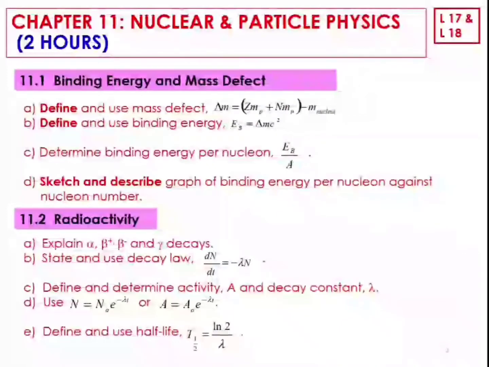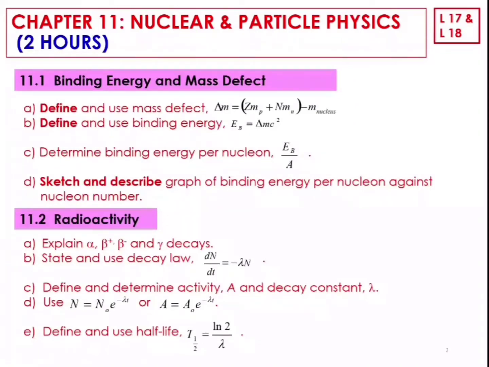Next, define and use binding energy. Then we will look at how to determine the binding energy per nucleon, EB/A, where A is the number of nucleons. And the last one is sketch and describe the graph of binding energy per nucleon against nucleon number.